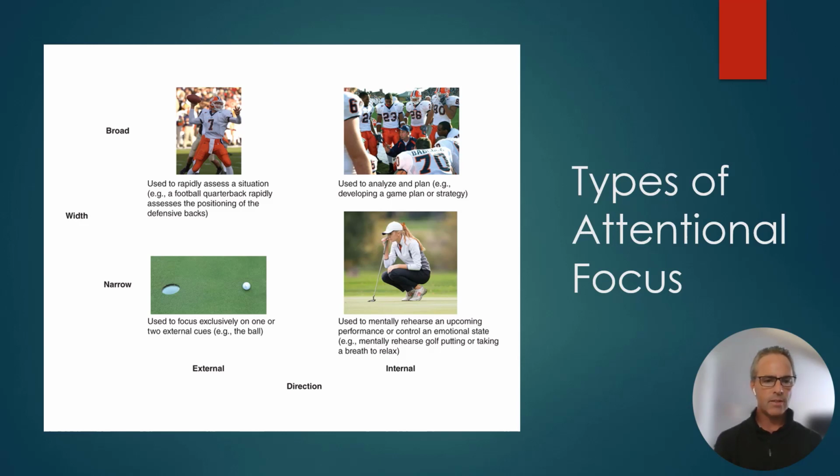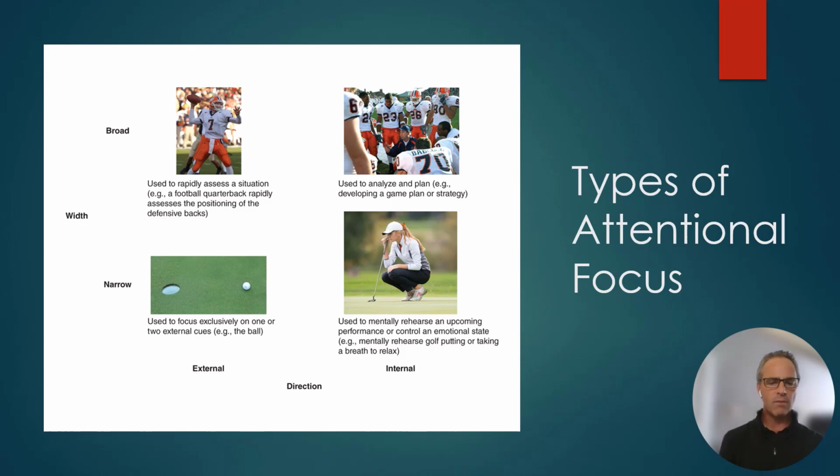Okay, so for instance, when you are trying to rapidly assess a situation, such as a quarterback rapidly assessing the positioning of defensive backs in order to know where and when to throw, that is a broad external focus. When we are analyzing a play or a plan, developing a game plan or strategy, now that's within the broad internal aspect of attentional focus.